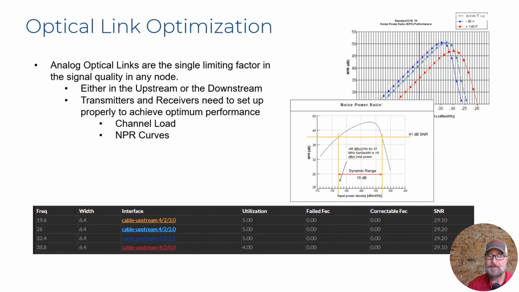So we tended to optimize our nodes on the lower end of the NPR curve to avoid clipping, to give ourselves a little bit more headroom. But what we also did was limit the potential signal quality of that link. It's a more noisy link now. You're getting into more CNR. That's right. So it's a little bit more robust in the presence of noise, but the link itself is noisier.